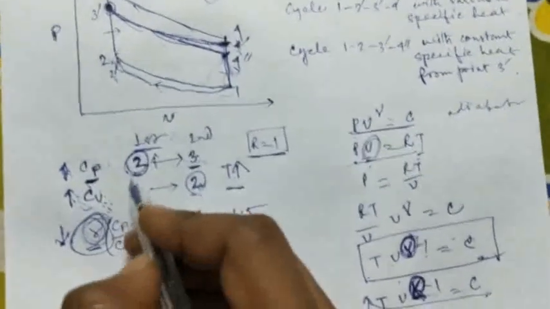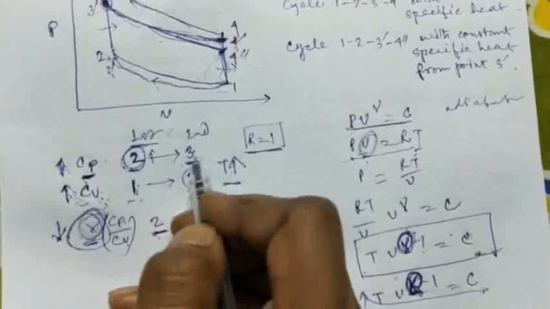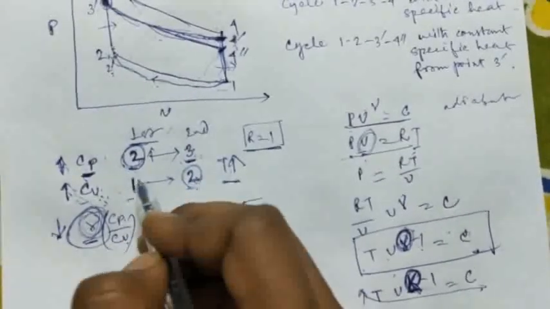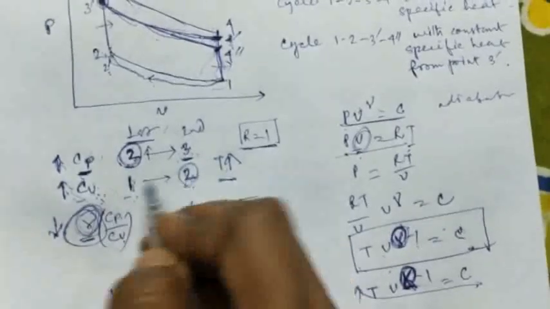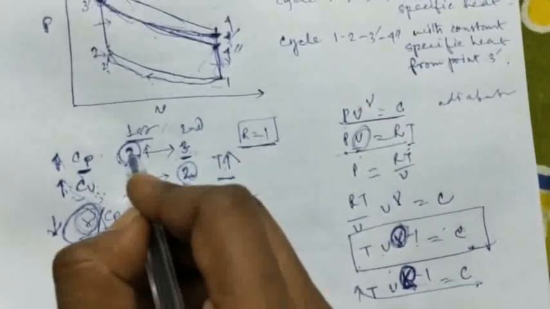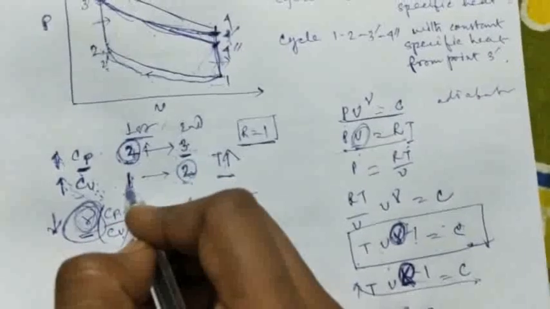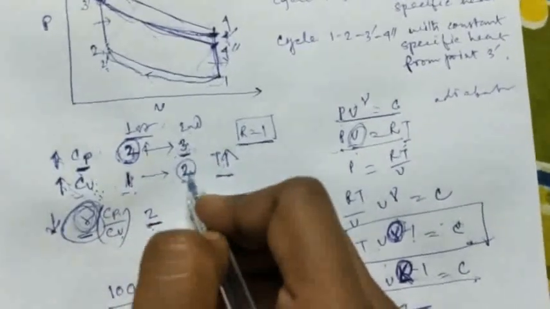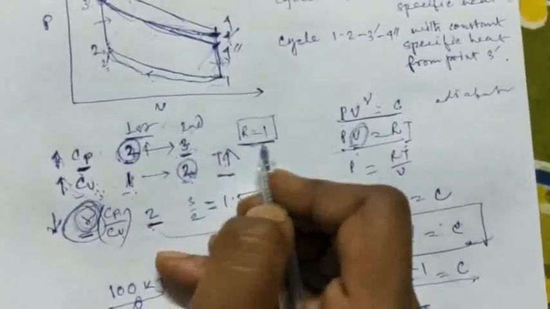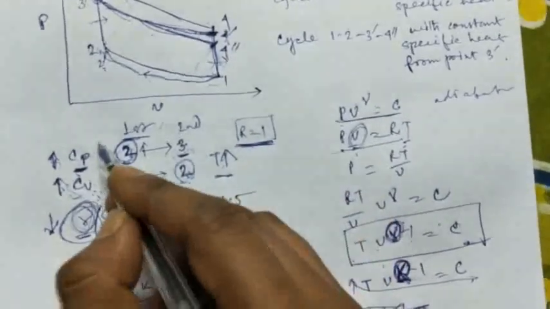Okay, and we are increasing these values in such a way that Cp minus Cv, that means R, is always the same, always constant. See, in the first case Cp minus Cv is equal to 1. In this case also Cp minus Cv, R, is equal to 1. So R is always constant. So no problem in this assumption.